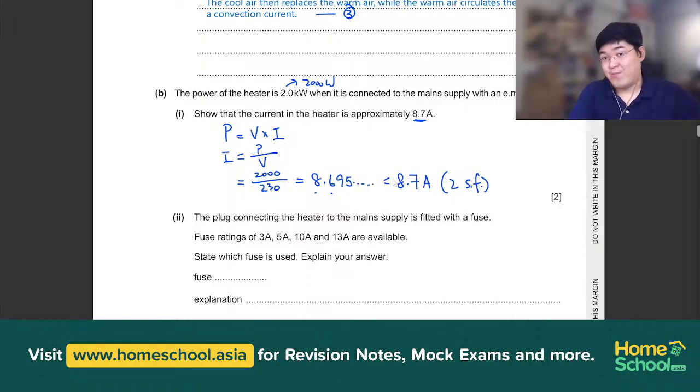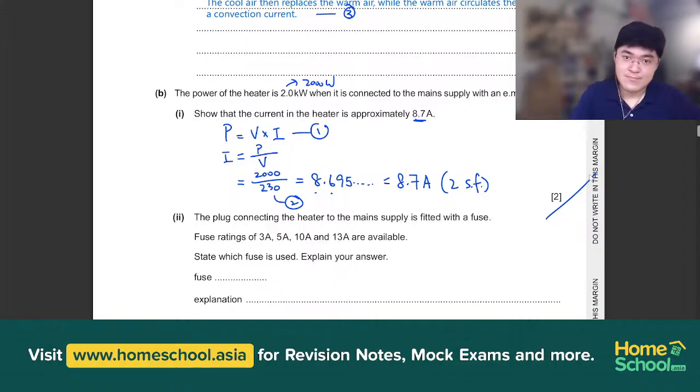But do take note, you will only do this rounding up or rounding down when you present your answers. If you write down P equals V times I, that gets you your first mark. And if you write down the numbers correctly, 2000 divided by 230, that gives you your second mark, for the full 2 marks for this question.